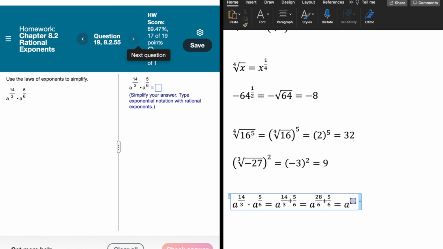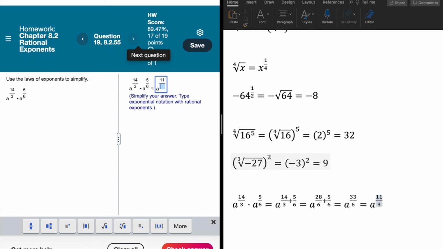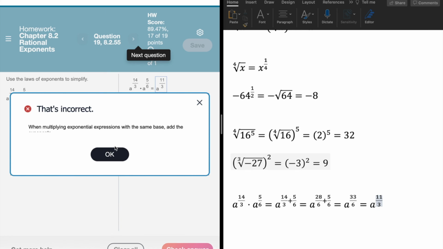So 28 and 5 make 33, and I can put that over the common 6, which, by the way, does reduce just a little bit. That would be a to the 33/6, and 33 and 6 have 3 in common, so 11/3. A to the 11/3, and they want my answer with rational exponents.